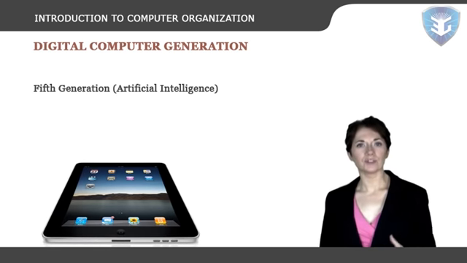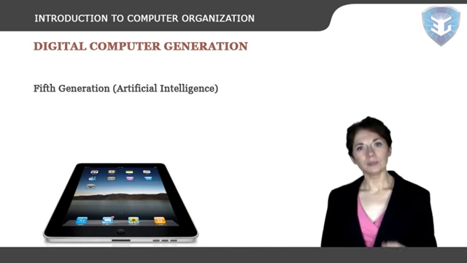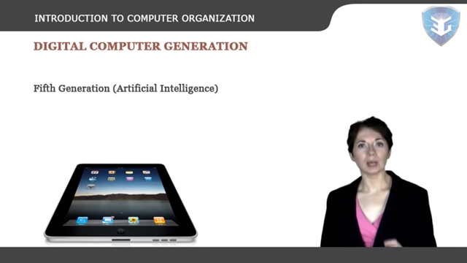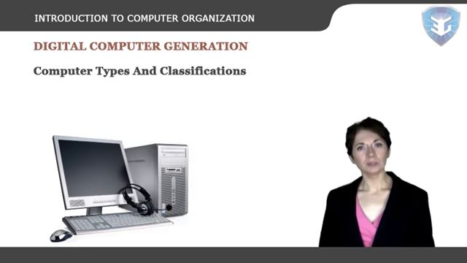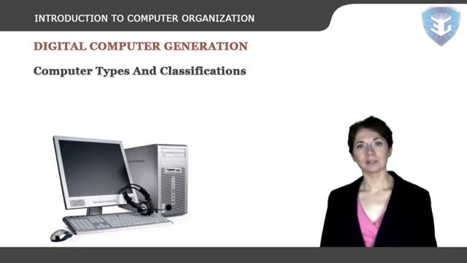Fifth generation, artificial intelligence. The period of fifth generation is 1980 till now. In the fifth generation, the VLSI technology became ULSI, Ultra Large Scale Integration technology, resulting in the production of microprocessor chips having 10 million electronic components. Computer types and classifications.